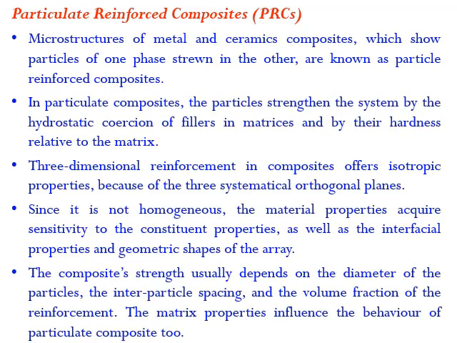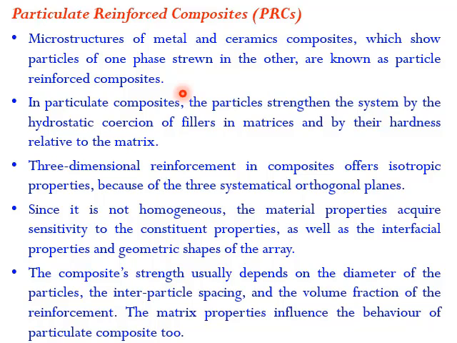So next one will be particulate reinforced composites, where we said it's a large particle or maybe dispersion strengthened particles. Okay, so the microstructure of metal and ceramic composites, which show particles of one phase strewn in the other, is known as particle reinforced composites. Normally these metal matrix or ceramic matrix composites are made using this type of composite materials.